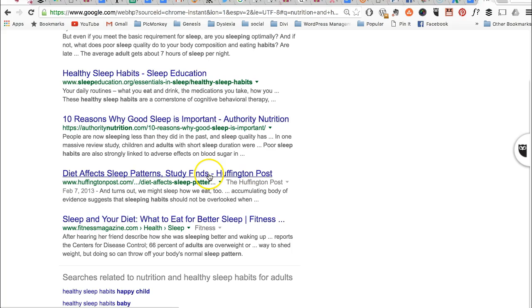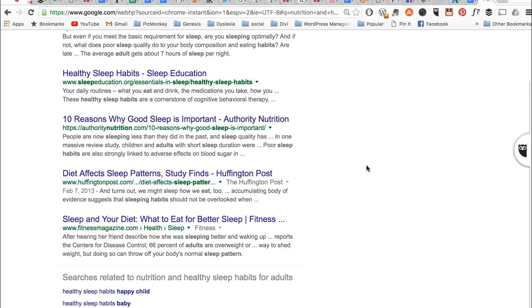So here, this is a Huffington Post article. Now, obviously, Huffington Post is always going to rank higher than a regular blog, but it's still a blog post. So it was still a better conversation talking about how diet affects sleep patterns. Okay, so there you go. It's nutrition and sleeping. And it's an old post, which means that this is probably a keyword you could rank for if you wanted to.